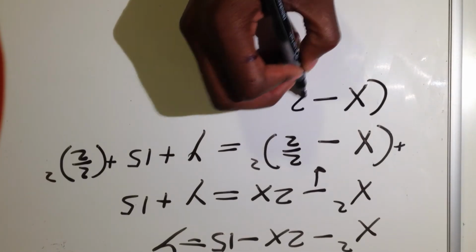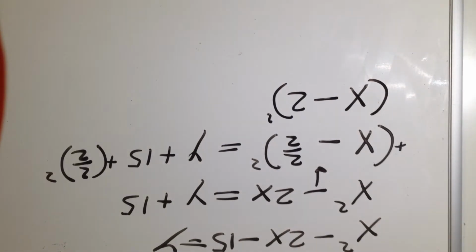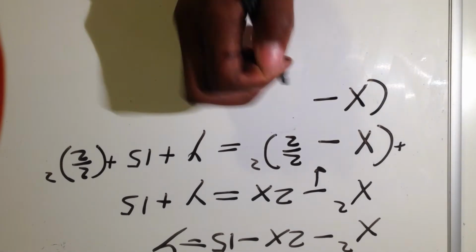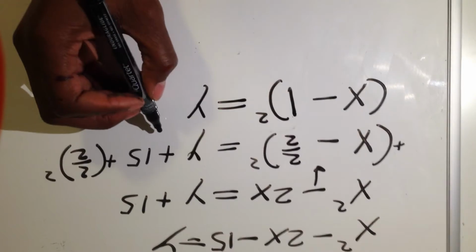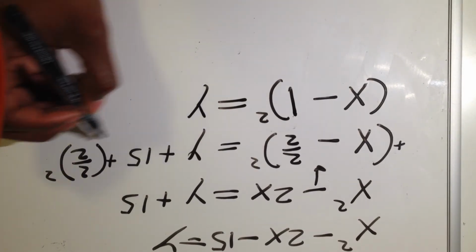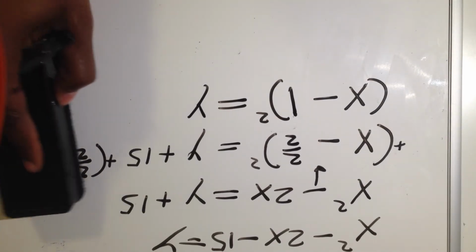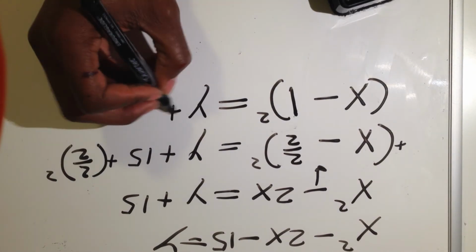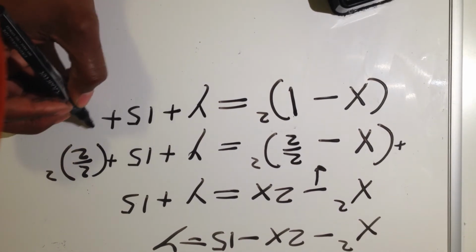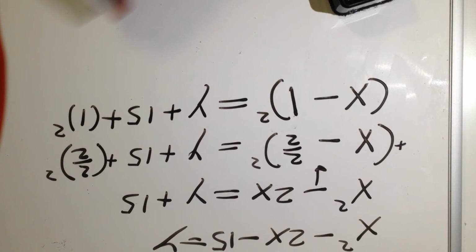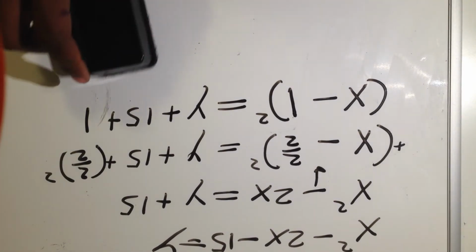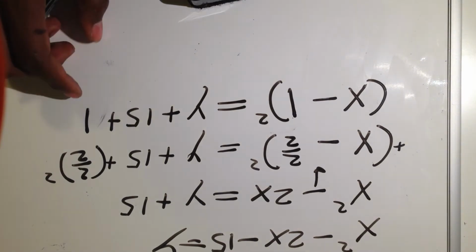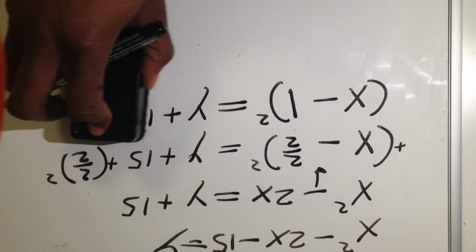2 divided by 2 is 1. One squared is 1. 15 plus 1 is 16.